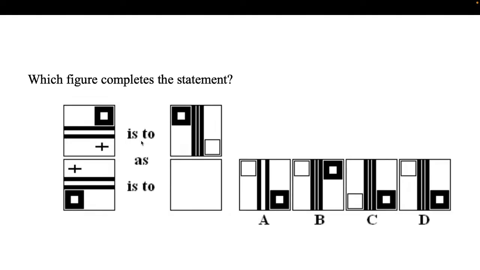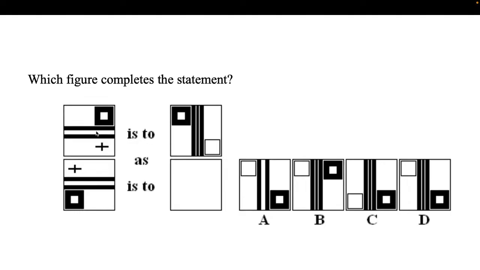Okay, so now looking at this, what we see is that this cross has now become a square, a white square. The black square is still there, and these two parallel lines running together in the middle have now become vertical with another line, a black line, in the middle.